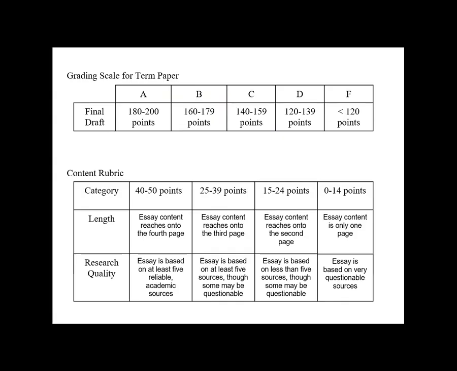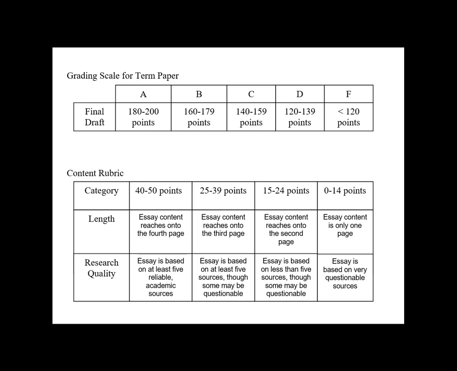To go through it quickly, I grade it based on length. So it's 50 points. Did you get to the bottom of the 4th page, double spaced? You get 50 points for that. If you don't get to the bottom of the 4th page, you get fewer points. The next part is research quality.